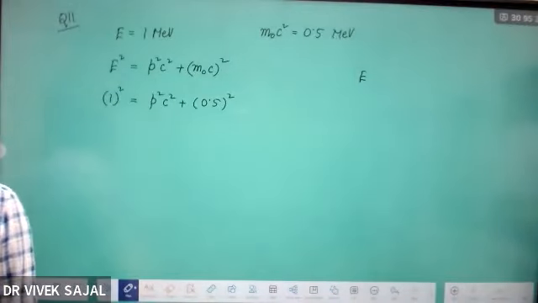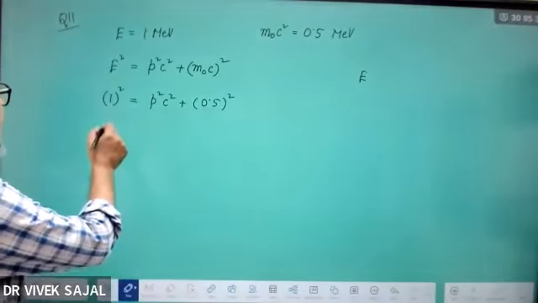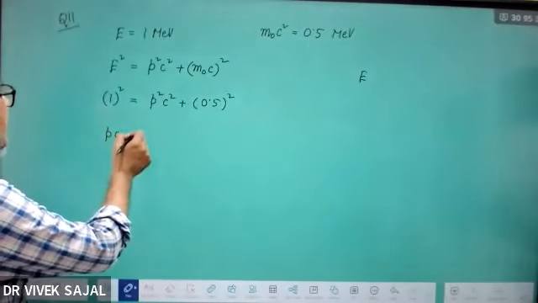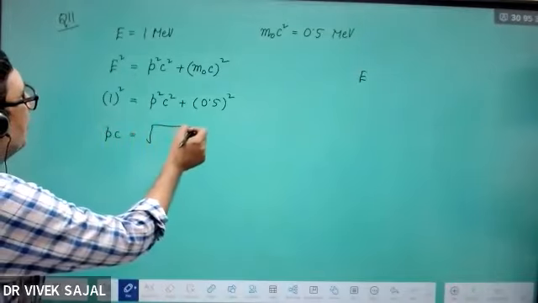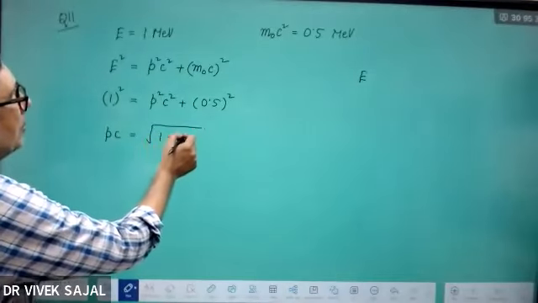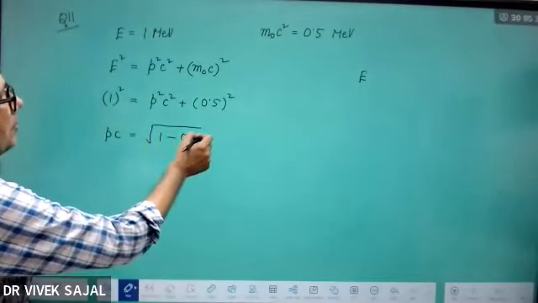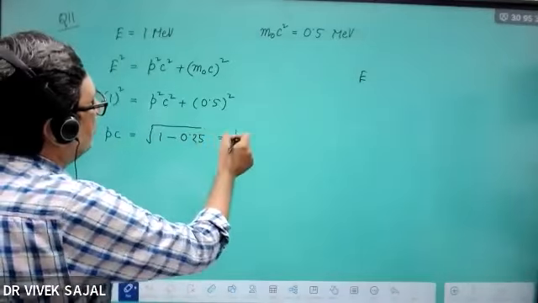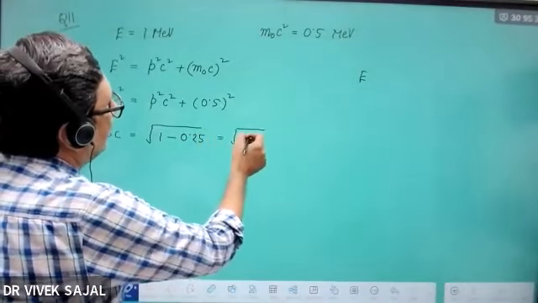PC first. How much will PC be, in MeV? PC will be square root of 1 minus 0.25, so square root of 0.75.